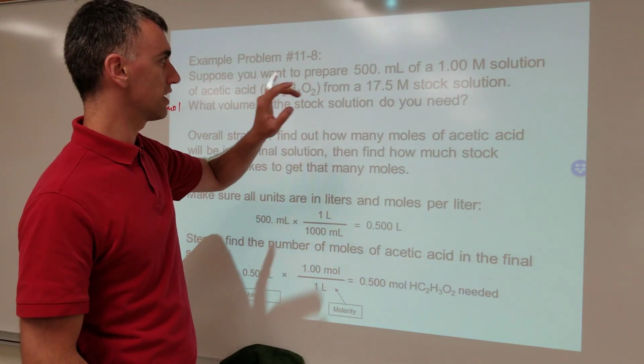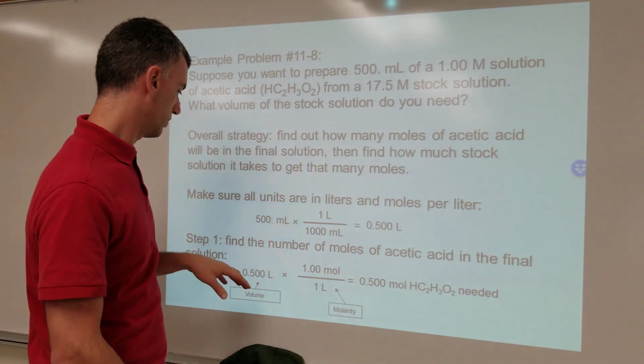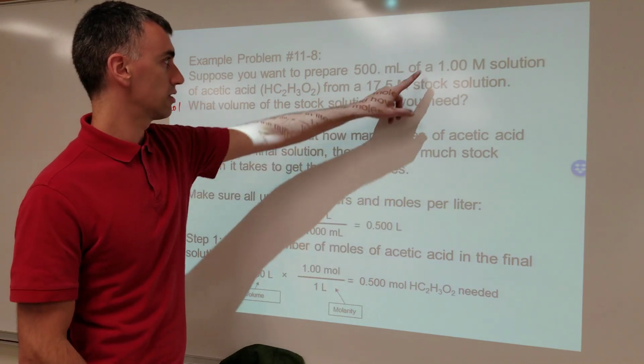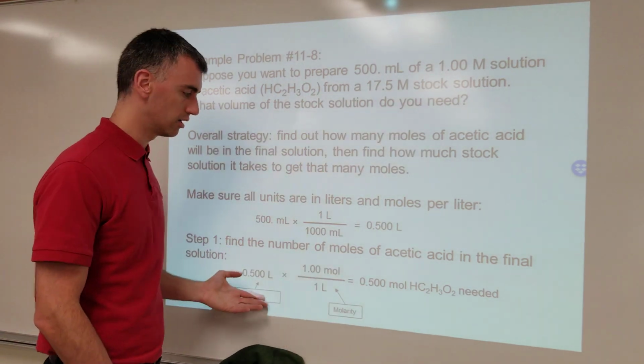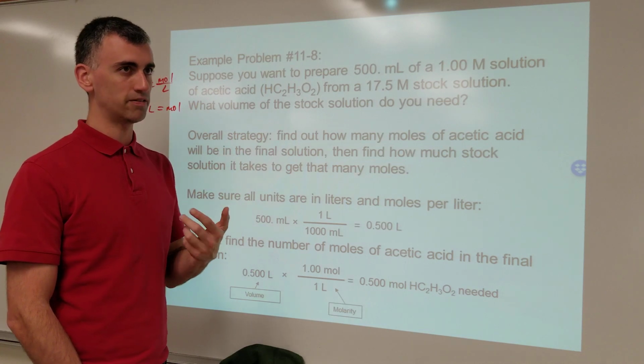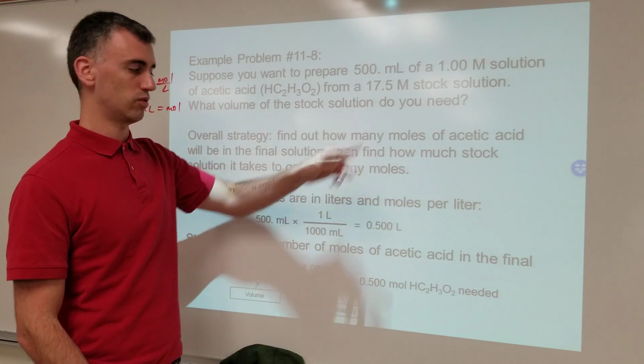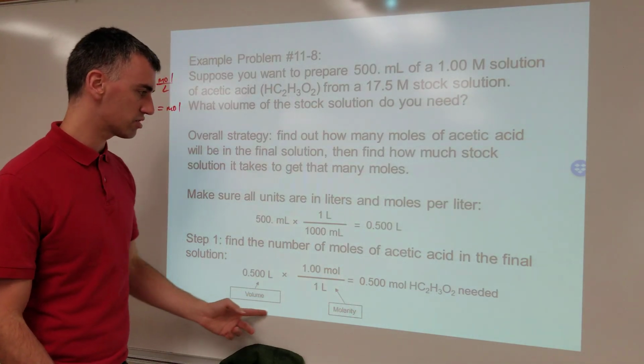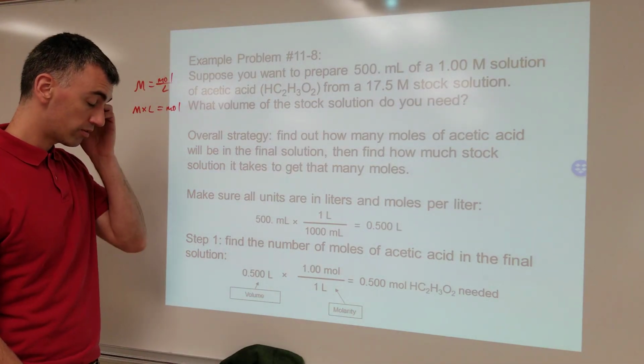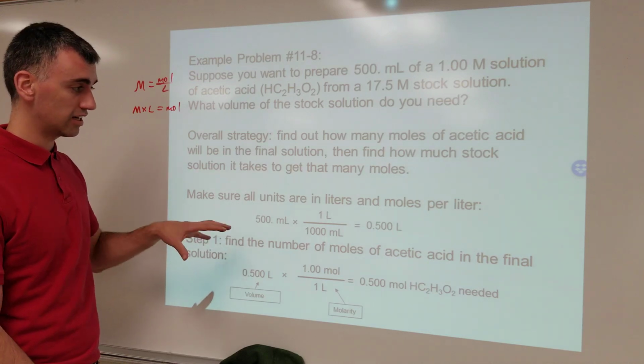How many moles are in here? So we take this number, put it here, this number, put it here, because this is what you're making. And you need to know how many moles of stuff need to be in what you make, because you're going to find out how much of this you need to get that certain number of moles. So this becomes the number of moles that you're going to need in the solution.